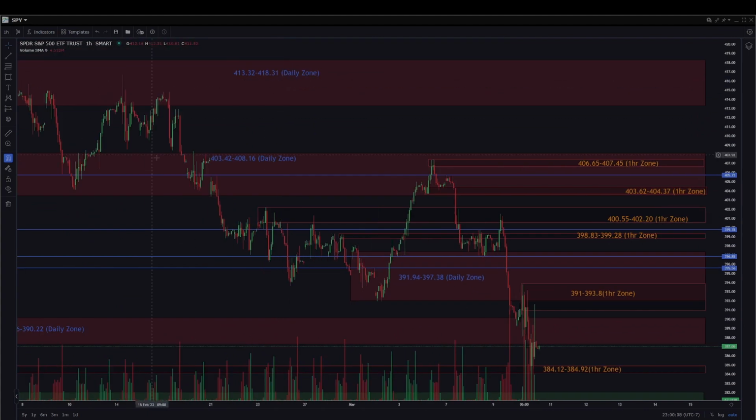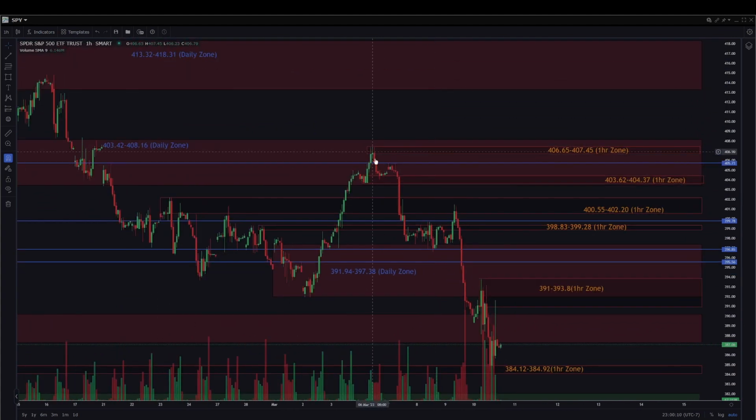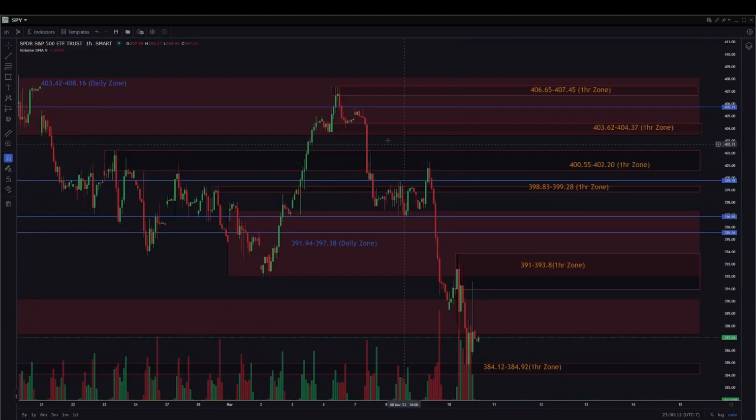You can see how I'm watching this zone right here. I had this zone right here, kind of was an indicator. Once we broke below that, we were going down, and as you can see, we had that data drop. So I had that zone here marked.